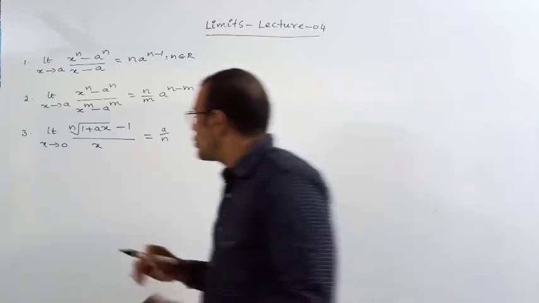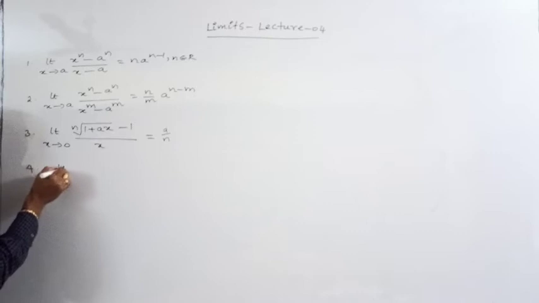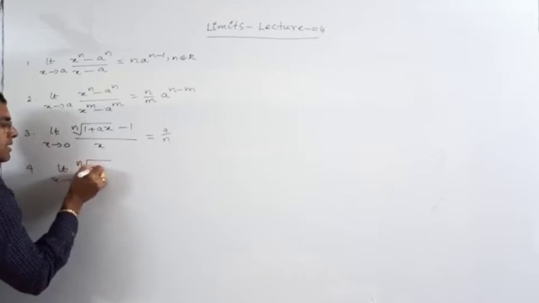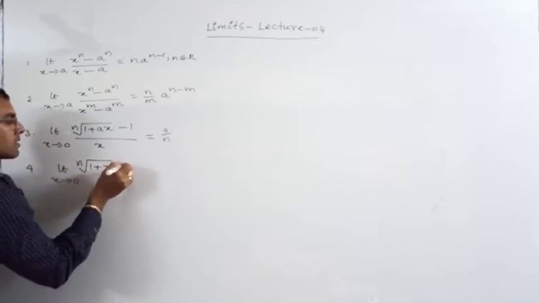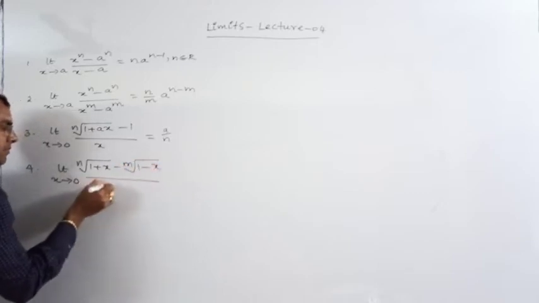So using this, I will give you one more important one. Limit x tends to 0, nth root of (1 plus x) minus nth root of (1 minus x), by x.